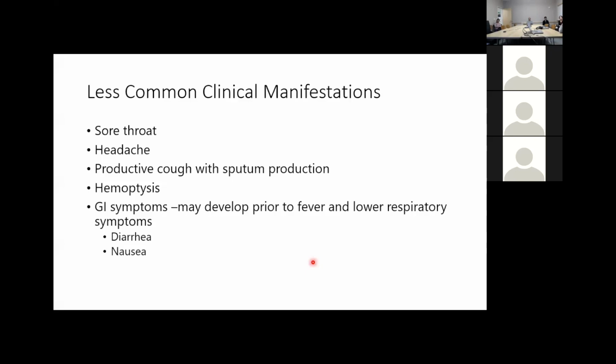Early on, the cough was described as dry, but now we know that occasionally people can have a productive cough, but it's usually with mucoid and not purulent sputum. Hemoptysis has also been reported, and we've also talked about these GI symptoms in that first patient, but we've also found that they may develop prior to fever and respiratory symptoms.